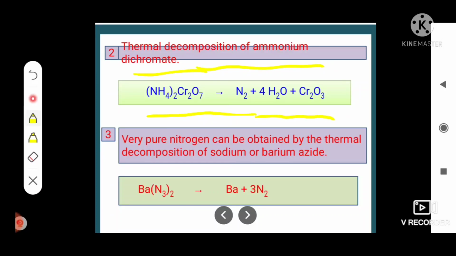And very pure nitrogen can be obtained by thermal decomposition of sodium or barium azide, Ba(N3)2, which gives Ba plus 3N2.